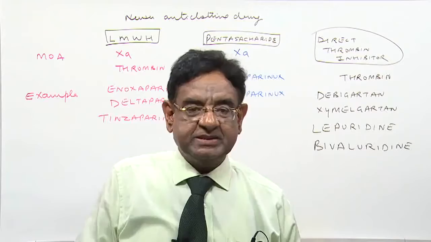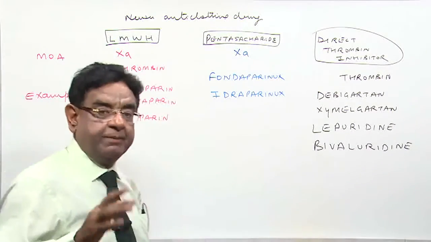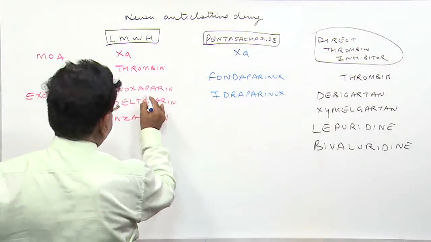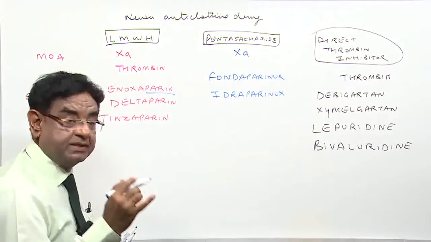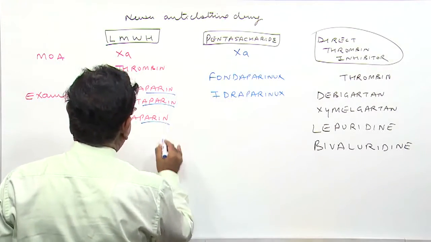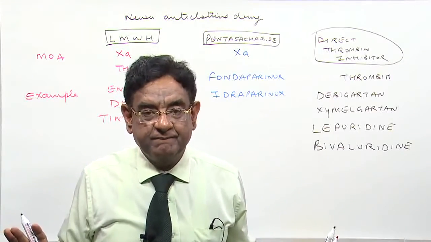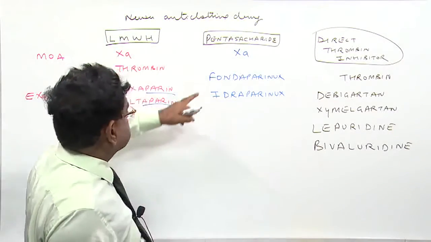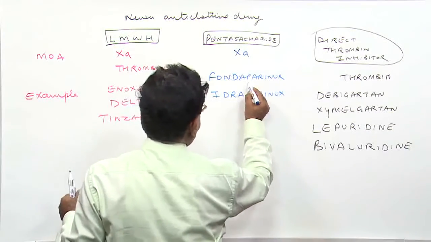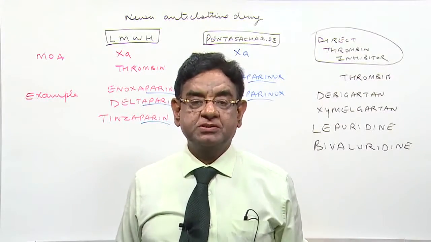Now the names are really difficult. Let's see how I can simplify. Low molecular weight heparins: enoxaparin, dalteparin, tinzaparin, all parins are here. Penta: fondaparinux, idraparinux.